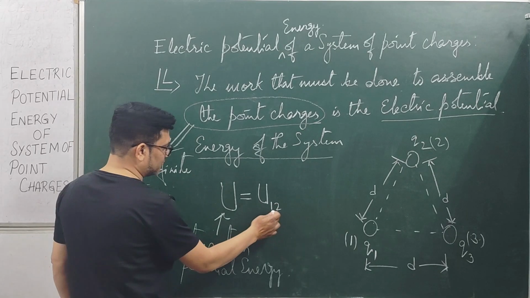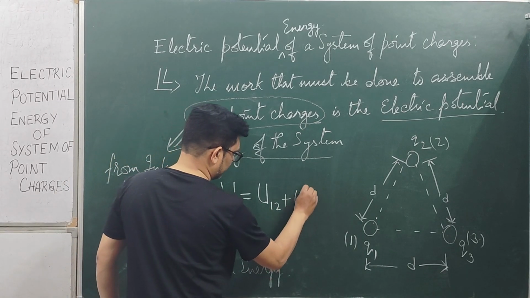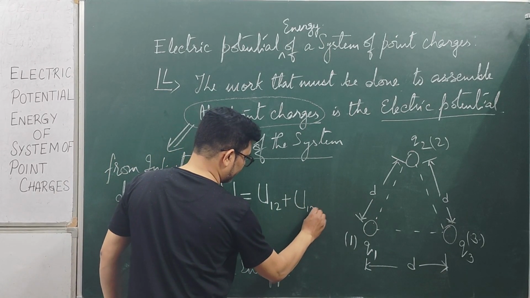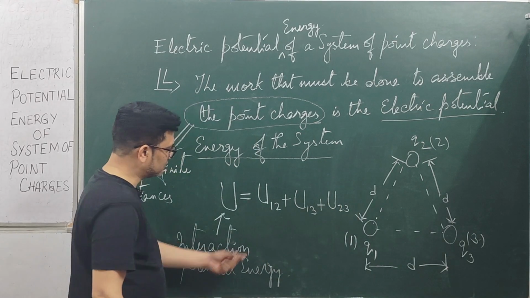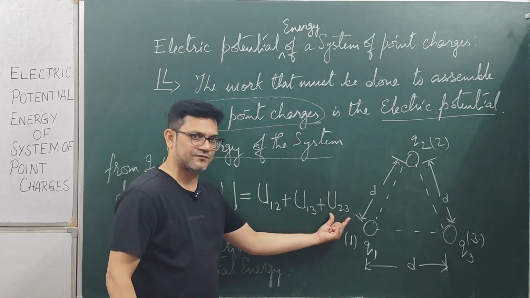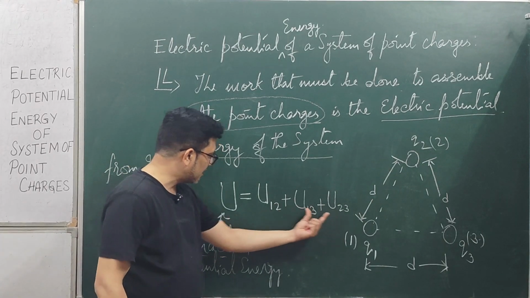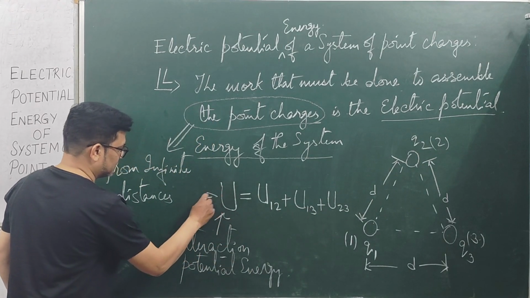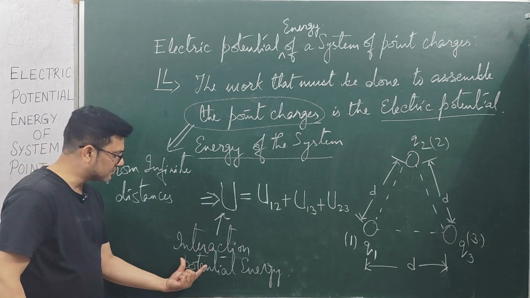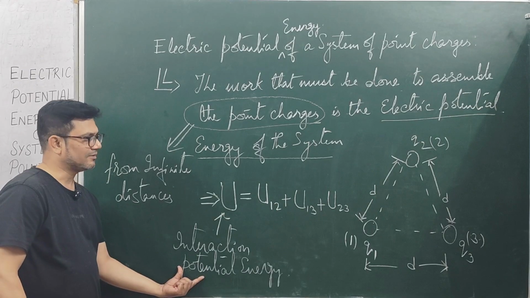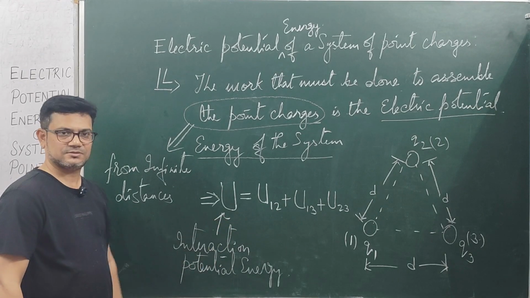So it could be potential energy of 1, 2 plus potential energy of 1, 3 plus potential energy of 2, 3. These possible combinations we have taken, and when we sum it up, we are going to get the net interaction potential energy that is there in the system.